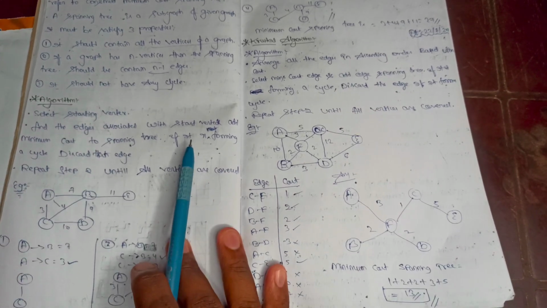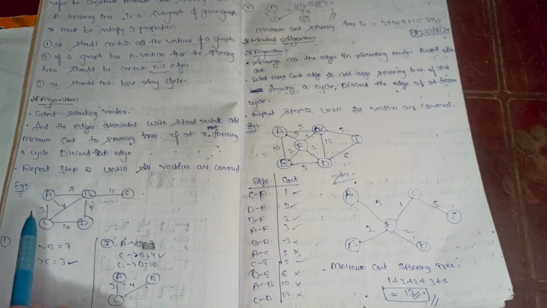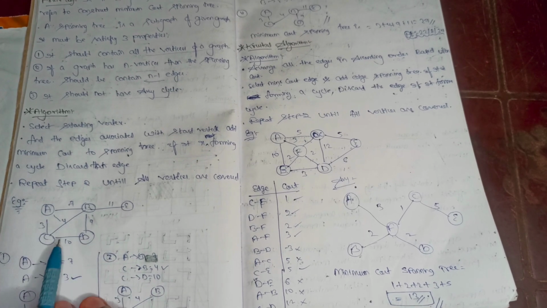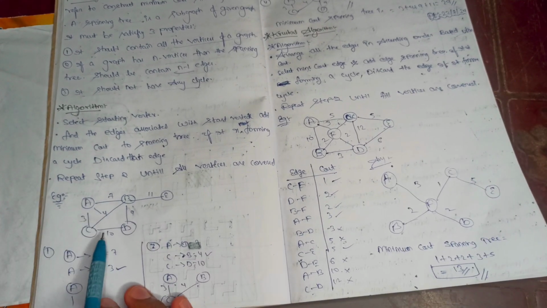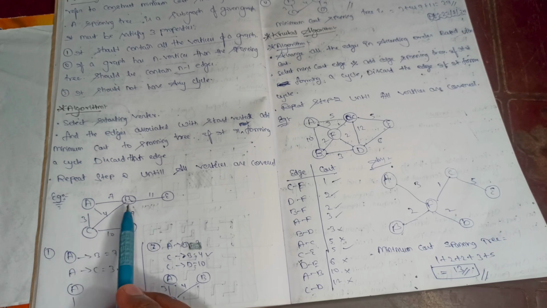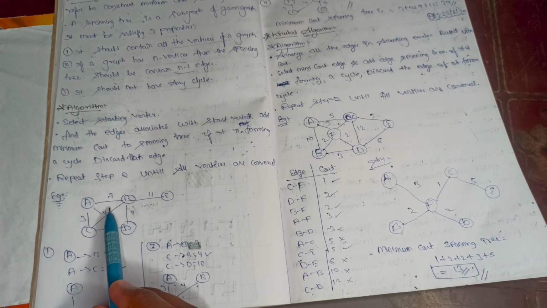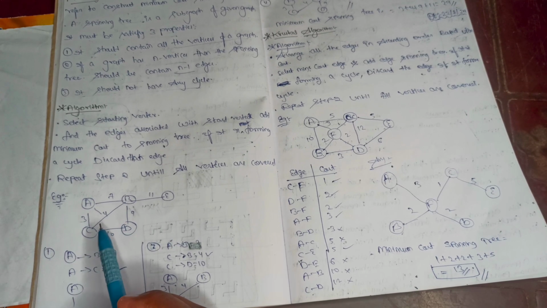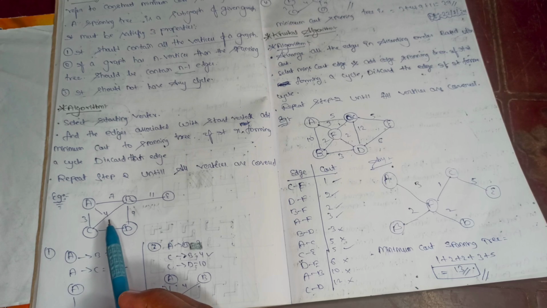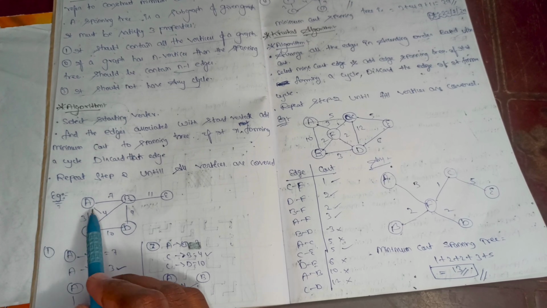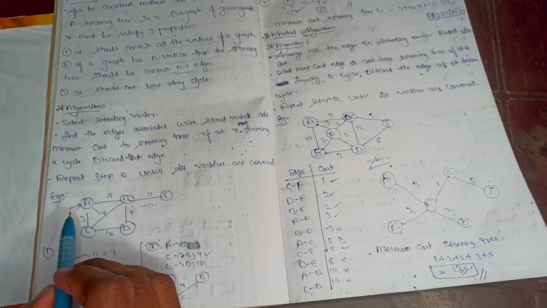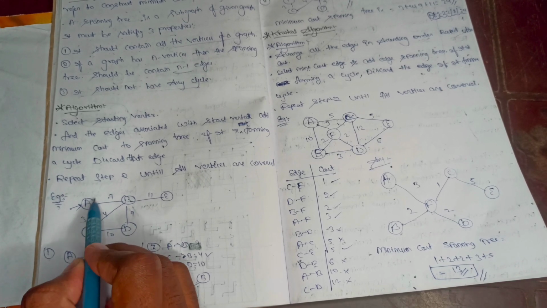So this is an example, guys. In this given example, first we have to see the paths. This is an undirected graph. From here, firstly we will take the source node, which is the starting node a.